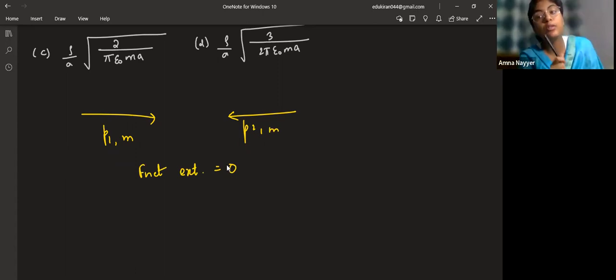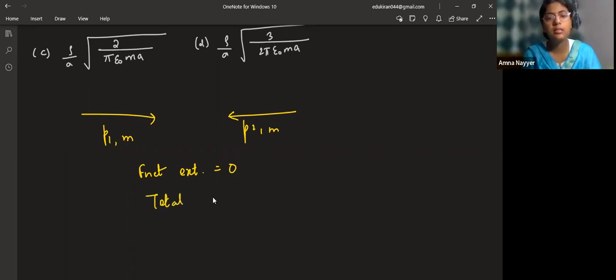Whenever your external force is 0, this criteria is satisfied, then only you will use the conservation of energy. What is meant by conservation of energy? This simply means the total mechanical energy remains constant. So whatever is the initial mechanical energy is equal to the final mechanical energy.